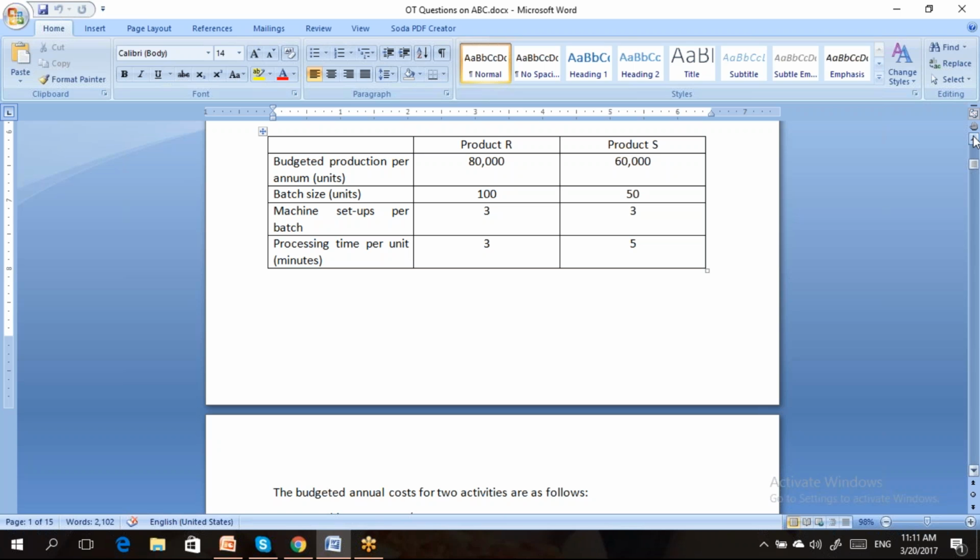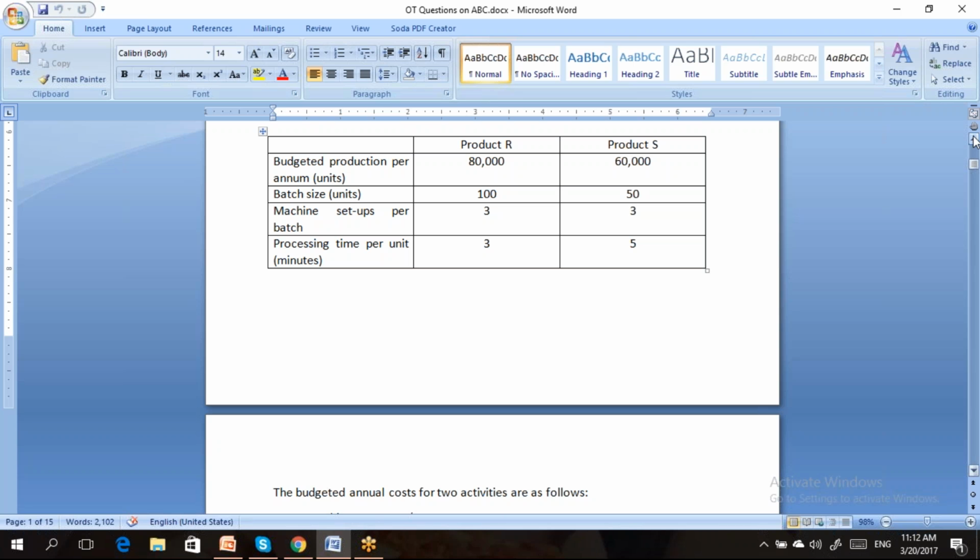So you can find out per setup what is the cost. Per setup, 180,000 divided by 6,000 is 30. Correct? 30 per setup. So now we know the 30 per setup. We have been asked for the setup cost per unit for S. So $30 per setup.